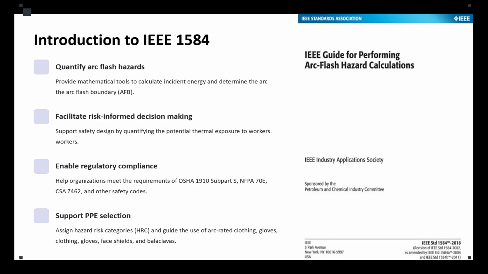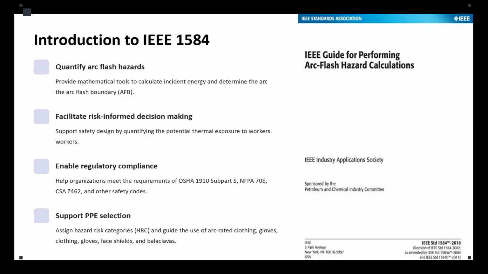This standard also directly supports the selection of appropriate personal protective equipment. We are going to call it PPE. By calculating the incident energy level at the worker's location, we can determine the minimum arc rating, so we could decide about the clothing, the gloves, the face shields, and other protections.